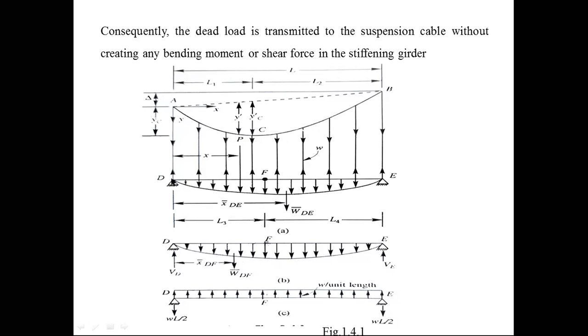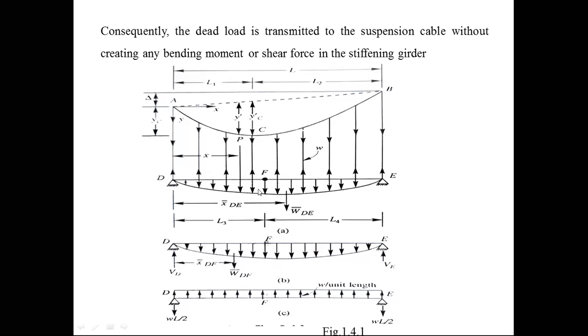Hinges are provided at D and E at the supports, and one more hinge is provided at F at a distance L3 from the left support, and the remaining length is L4 from the right support. So this is basically a three-hinged stiffening girder, which is statically determinate.